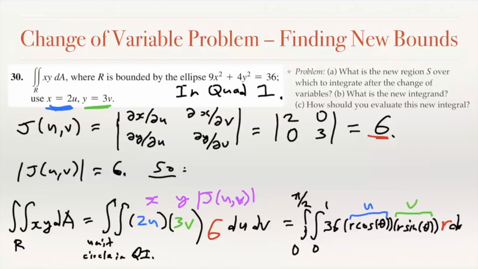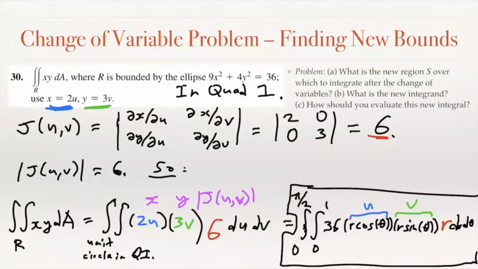And then dr d theta. So finally, that is a nice integral that we can evaluate with nice rectangular bounds. And again, that r that we stuck there, that's for polar. Remember how we always need to put the r there. And in fact, that r is the Jacobian of the coordinate transformation to polar, as we derived at the beginning of this lecture.